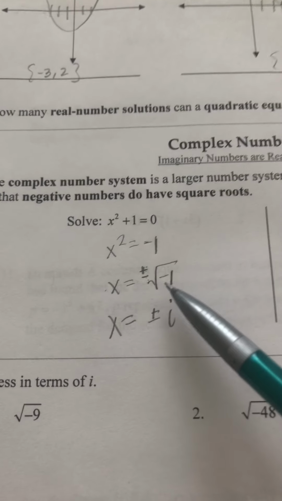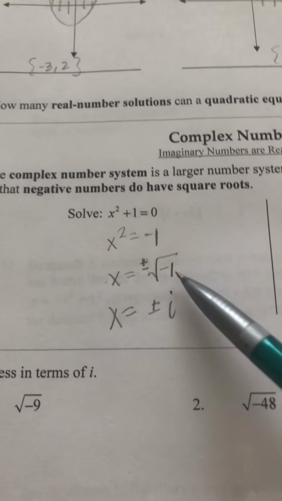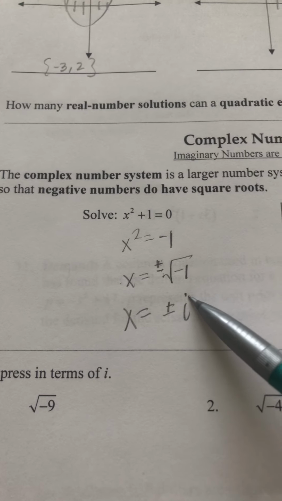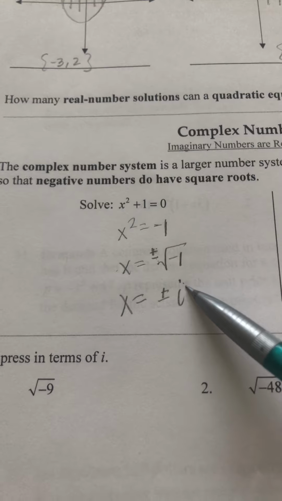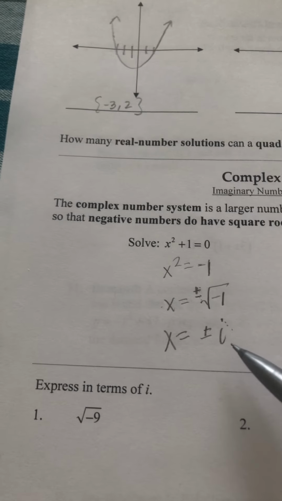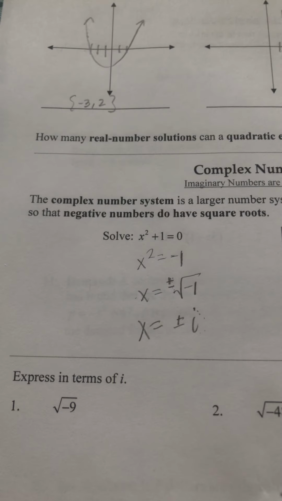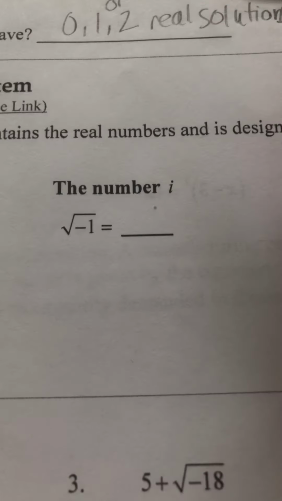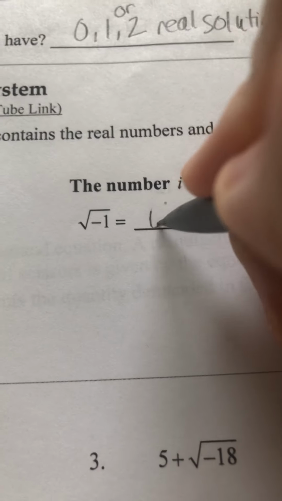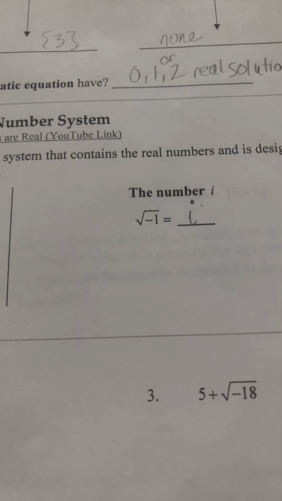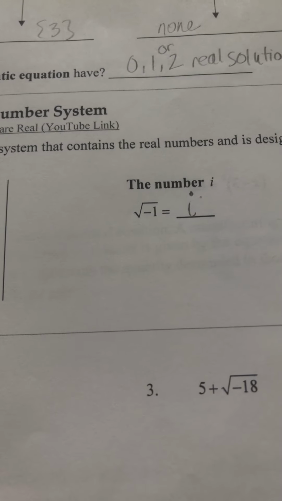So square roots of negative numbers do have solutions. They're just not real solutions. They're in the complex number system, and the complex number system includes real numbers and numbers with i's in them. So the number i is equal to the square root of -1. I'll stop this video and come back with the next video on simplifying radicals in a minute.